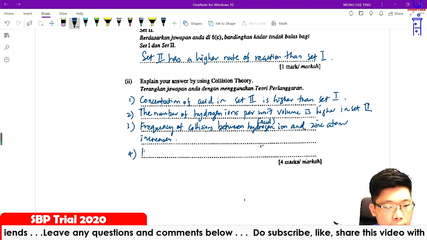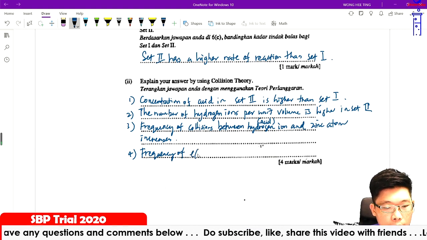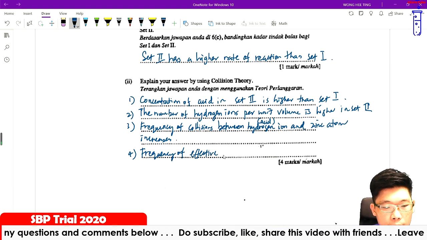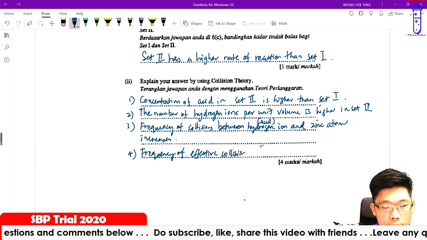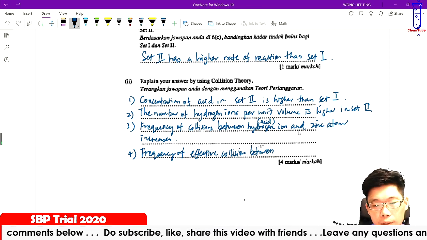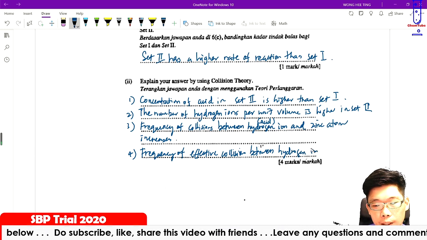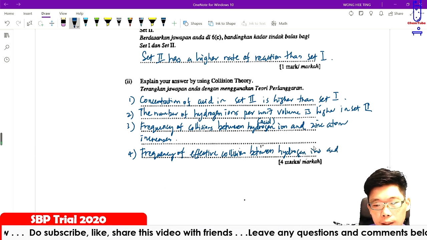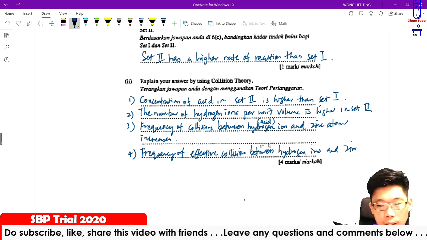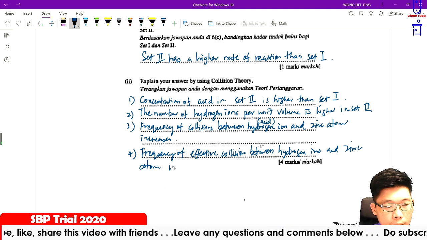Number 4, the frequency of effective collisions between, here you can mention the particles, hydrogen ions and zinc atoms, increases.